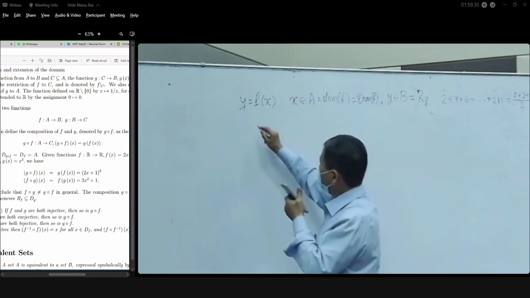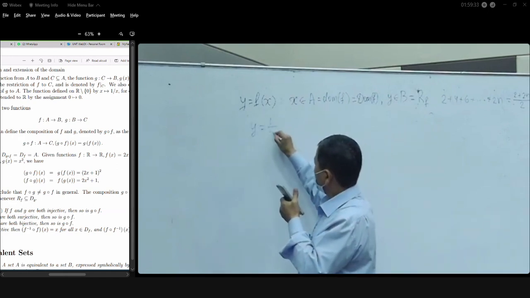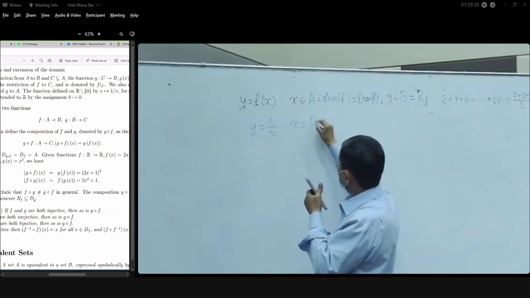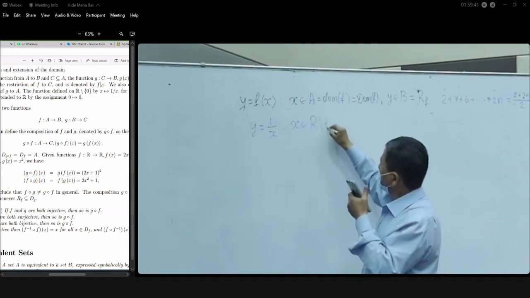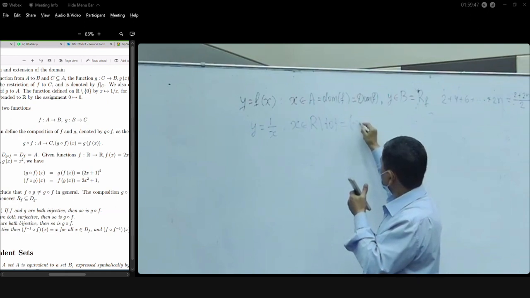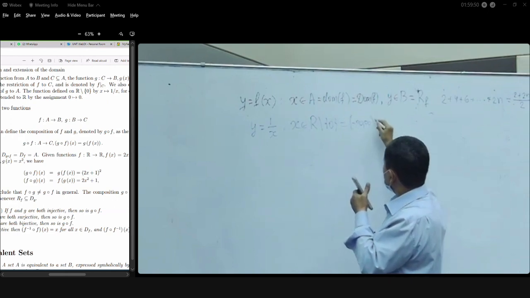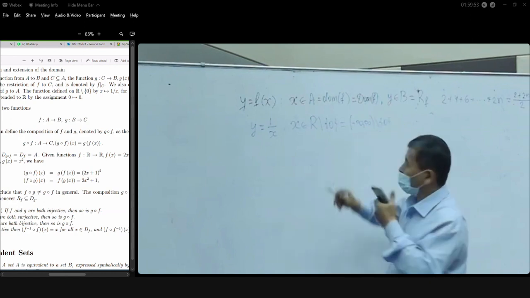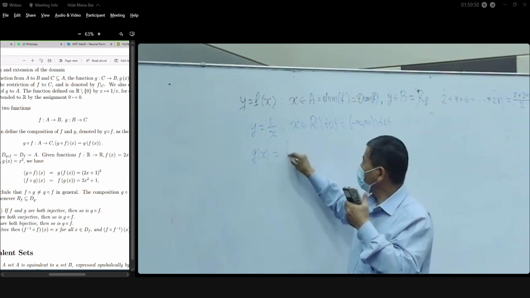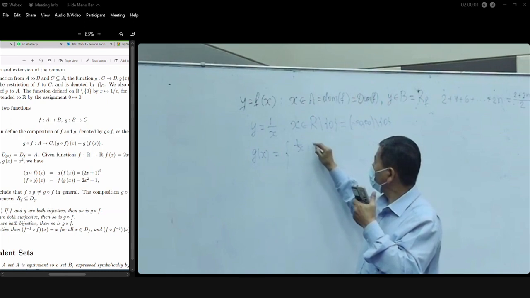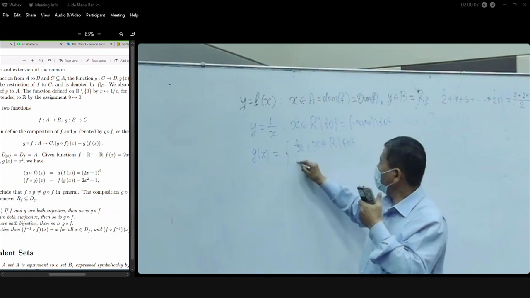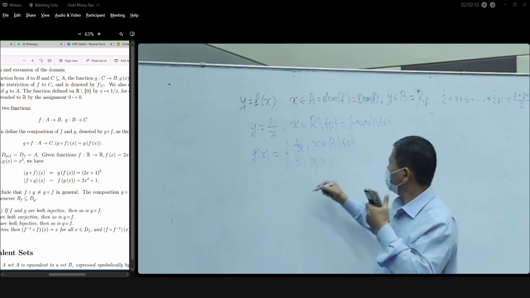For example, if I have this function, usually we say this function's domain is R minus 0, or we can say from minus infinity to plus infinity, subtract 1 point. Now I will construct the g of x function in such a way that it is 1 over x for any x in R minus 0, and it is 0 if x equal to 0.